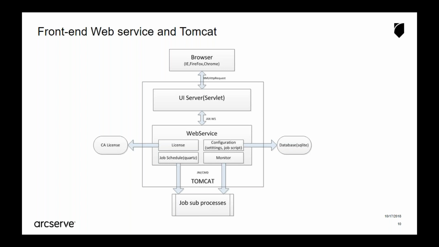These browsers would send an XML HTTP request to the UI server, which in turn uses Java for XML web services. It contacts the web service. It ensures that we have a job schedule in place. We have the configurations done.